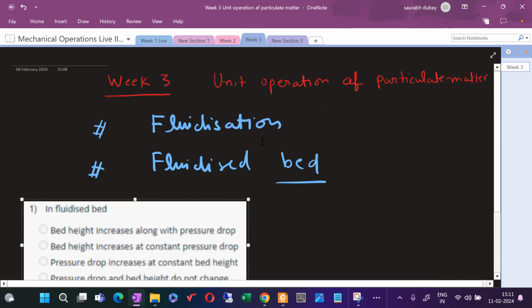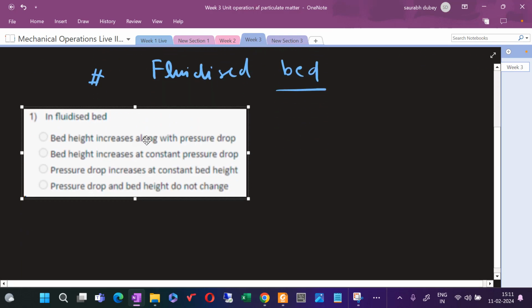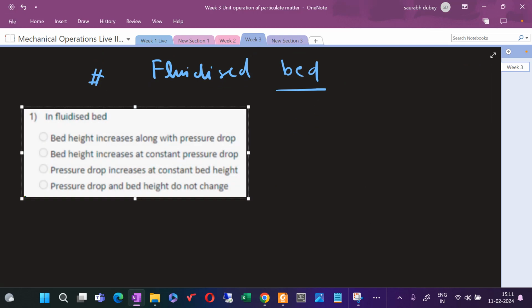Which of the following is the correct answer? Try to solve it based on whatever concept has been taught throughout the week, and we will get in touch to get the answer.